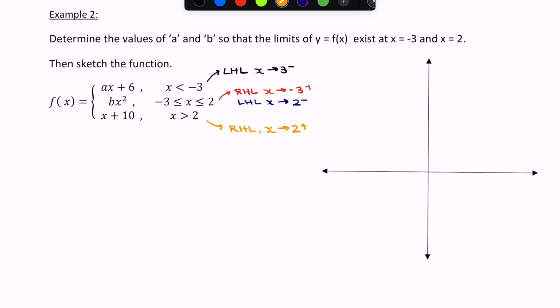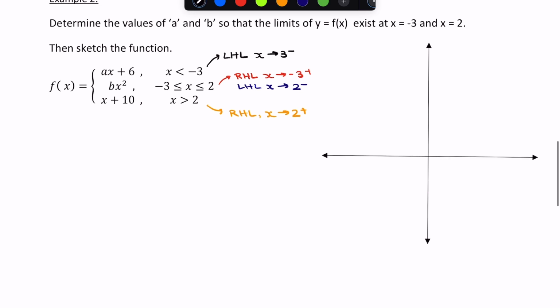Okay, so remember our criteria for how these exist. Our limit as x approaches -3 exists if the limit as x approaches -3 from the left of this function f of x is equal to the limit as x approaches -3 from the right of f of x.